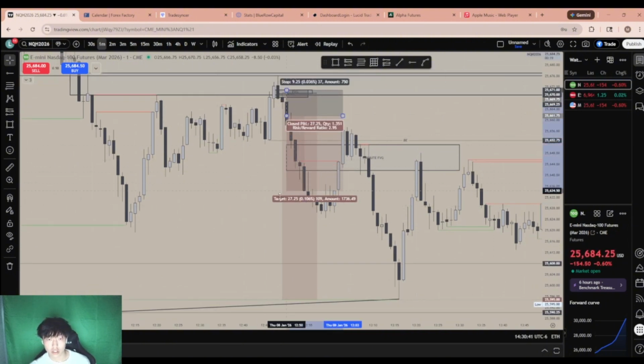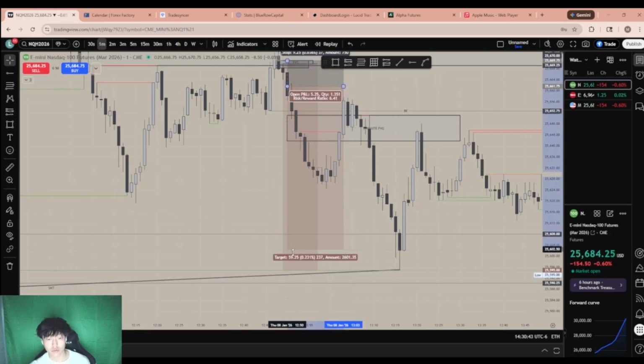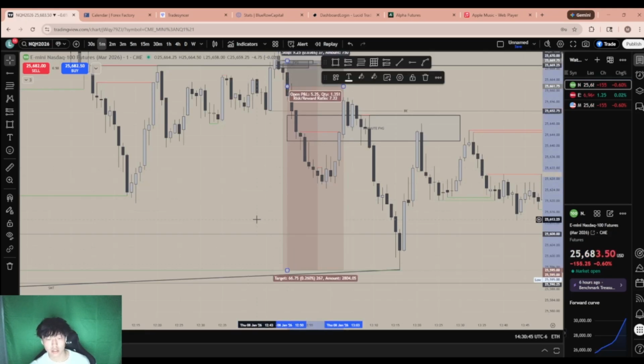So say you caught this retest at this spot right here, it'd be a 1 to 7 RR. Would you rather have a 1 to 7 RR or a 1 to 11 RR?